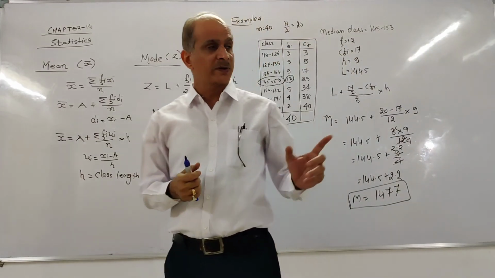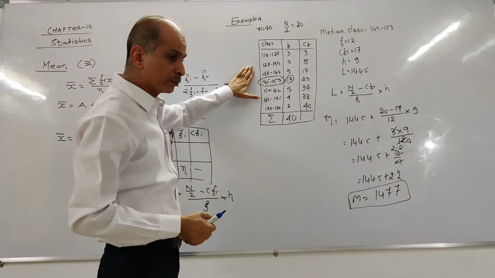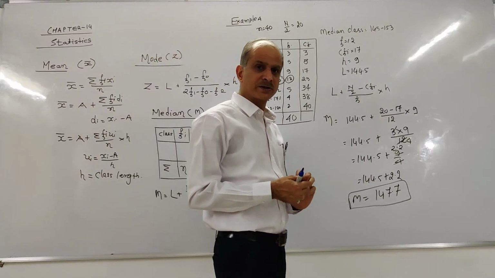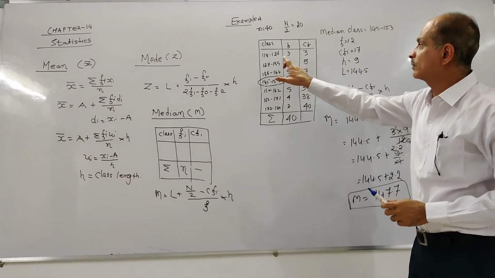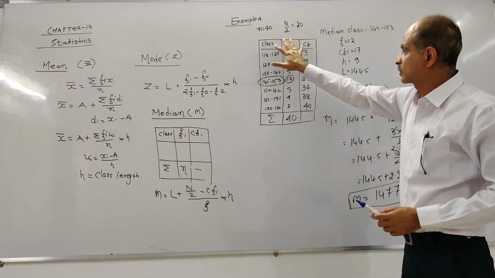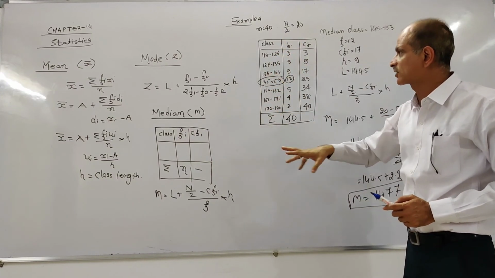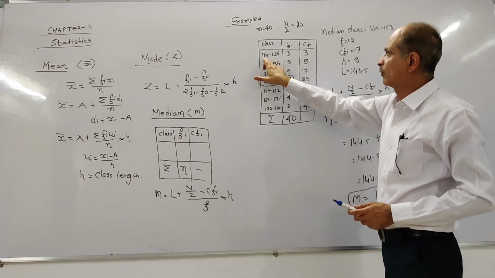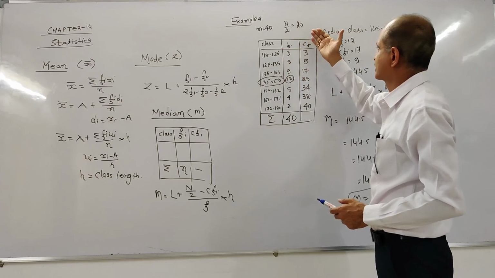Similarly, the fourth one is also a very special example. The frequency distribution is given to you, but it is not continuous. Though it is grouped data, there is a gap between 126 and 127. So first of all, you have to convert this inclusive frequency distribution to exclusive. So in place of 118, you will get 117.5, 126.5.